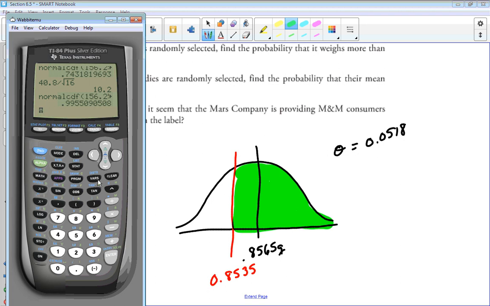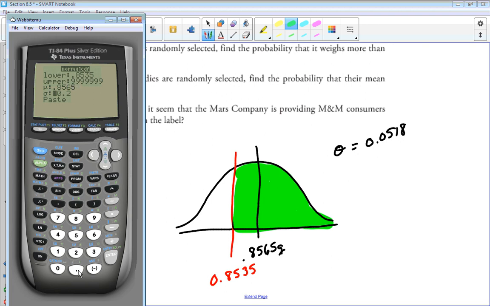So let's go to our calculator for our distribution, normal distribution. The lower end is going to be 0.8535. The upper end is going to be 9999999. Mu is 0.8565.